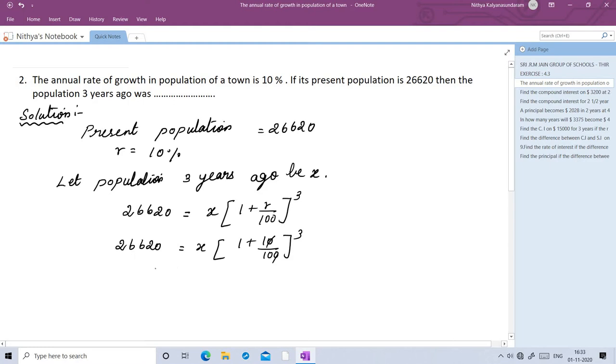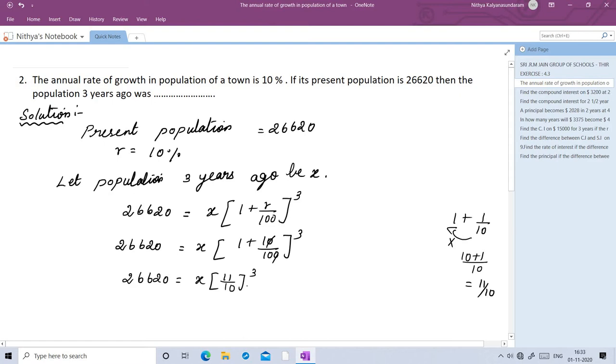Zeros we can cancel. 26,620 is equal to x into 1 plus 1 by 10. So 10 ones are 10, 10 plus 1 by 10 is 11 by 10. So 11 by 10 whole cube. So we want to multiply 3 times.